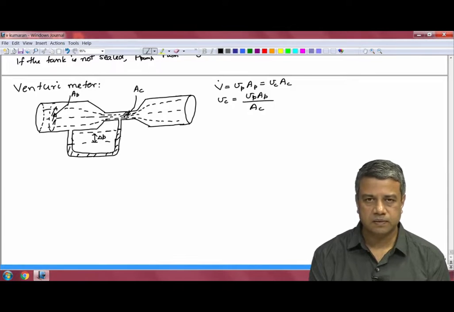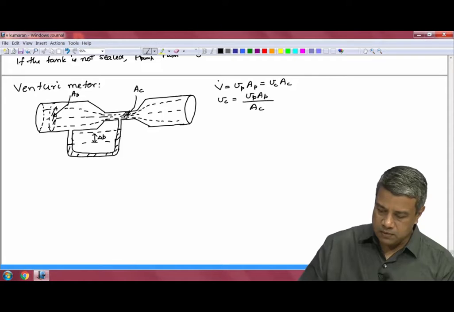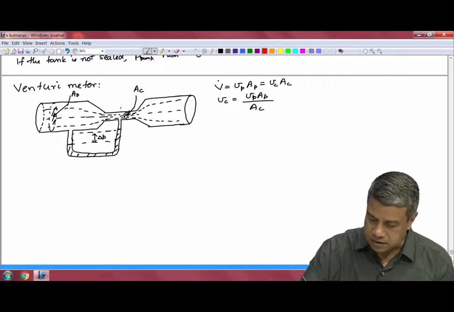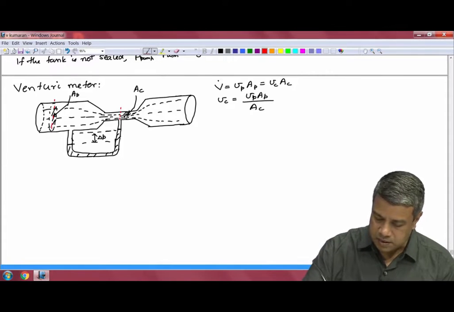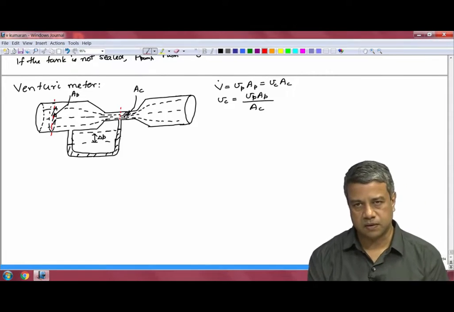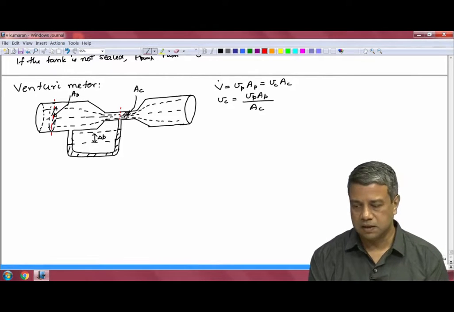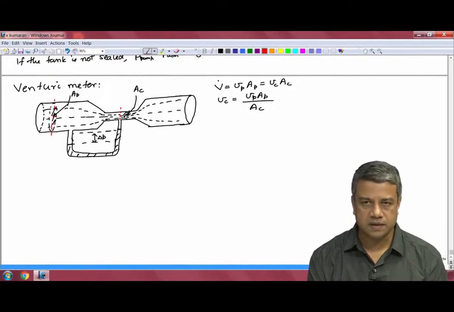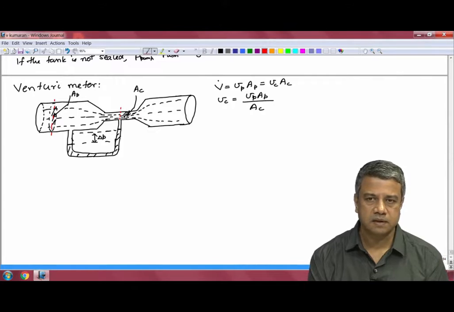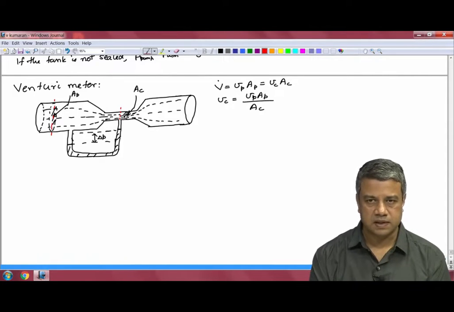The second thing that we will do is to write the Bernoulli equation between these two locations, the pipe and the contraction. It should be noted here that the velocities have to be considered as some kind of averaged quantities in this case.